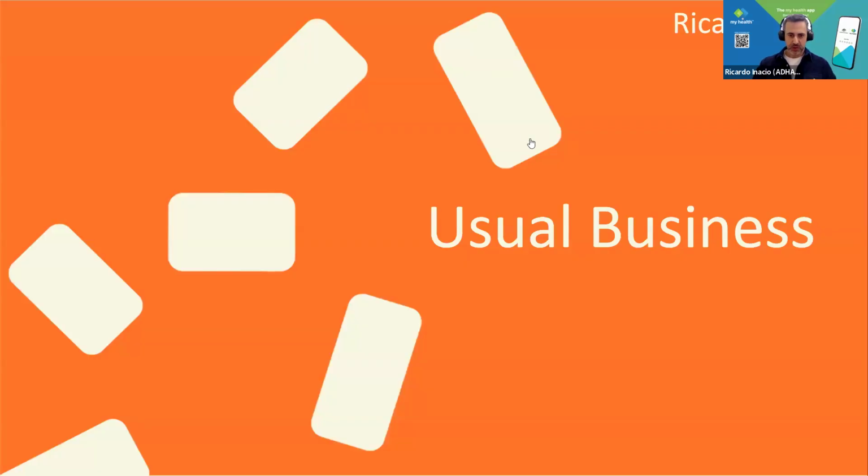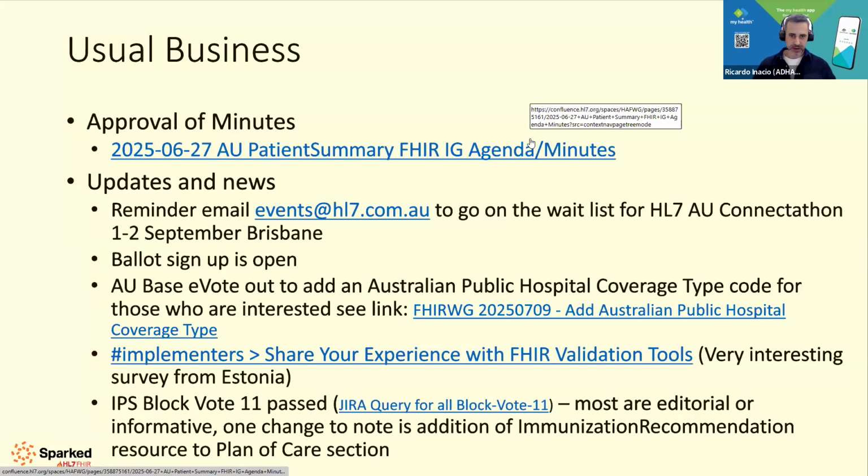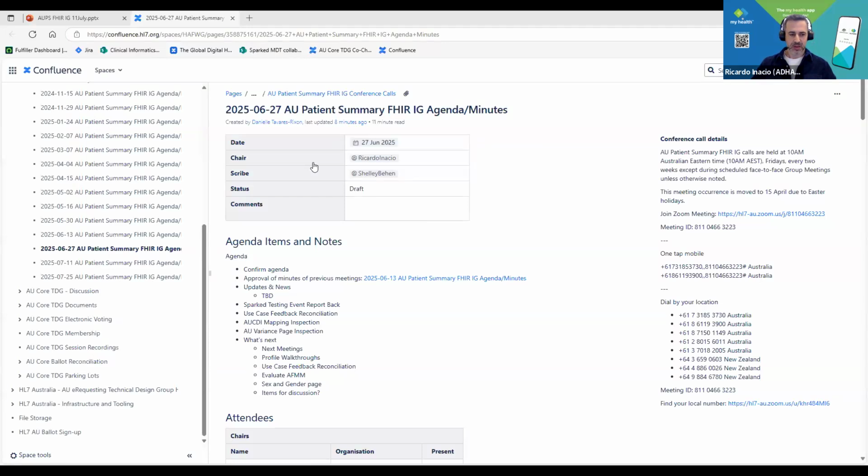So moving on to our usual business, the first item we have here is the approval of the minutes from the last meeting. Sorry, I'll just get them on my screen very quickly and scroll through them. Thanks Shelley for pasting the link in the chat.